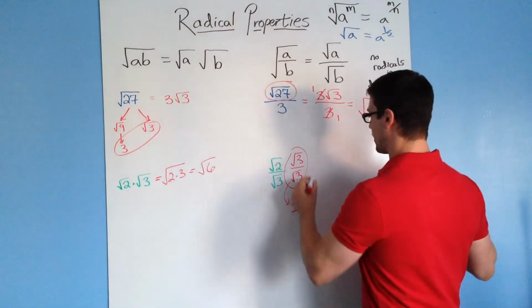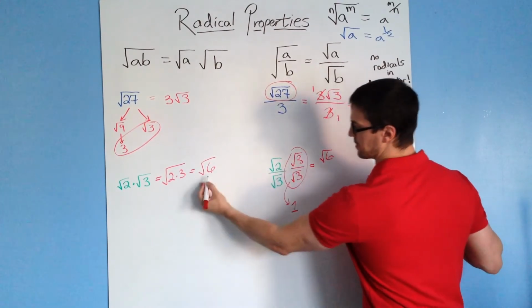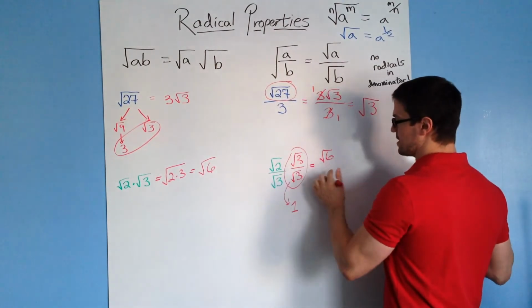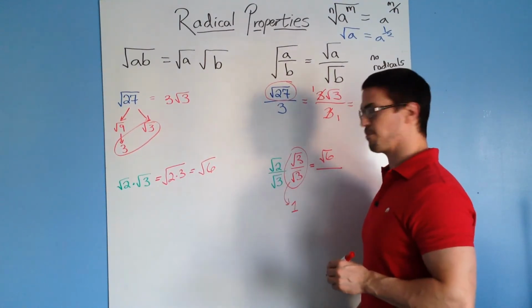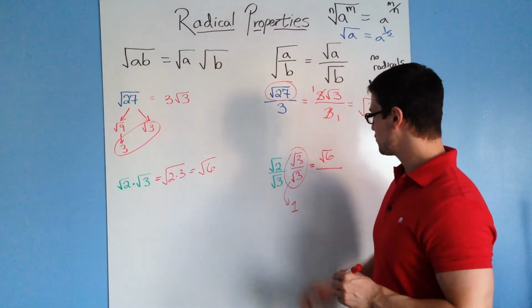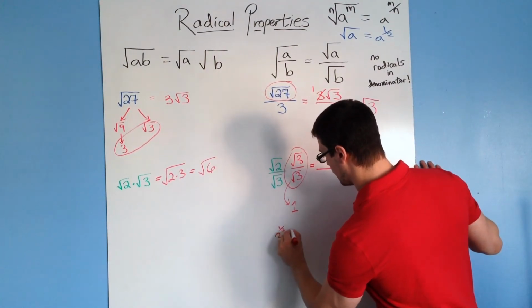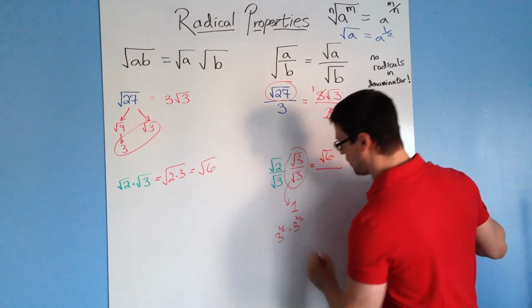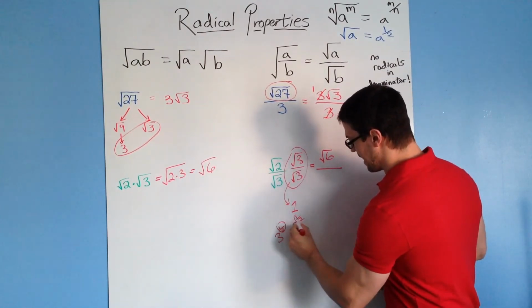Okay, so here we go. Root 2 times root 3, well, that's root 6. We got it just right over here. So we know this top number. This bottom right here is root 3 times root 3. Well, root 3 times root 3 is the same thing as saying 3 to the 1/2 power times 3 to the 1/2 power. Well, we know if the bases are similar, all we have to do is add the exponents.